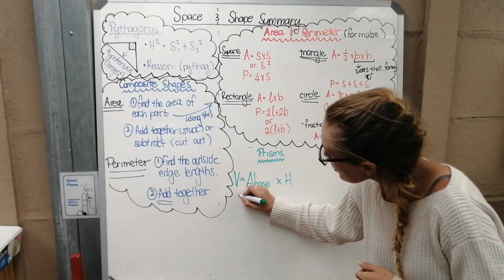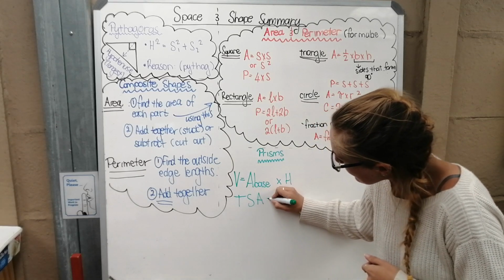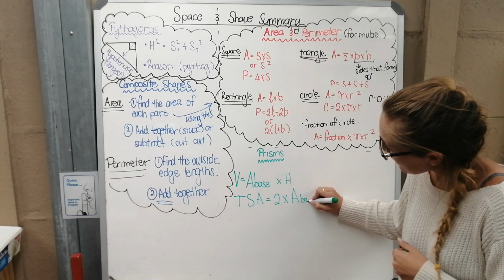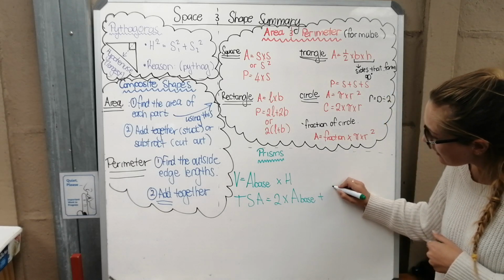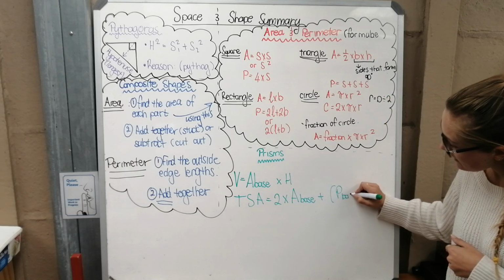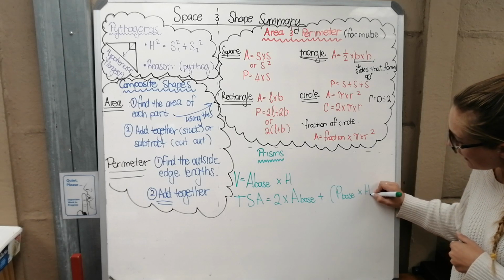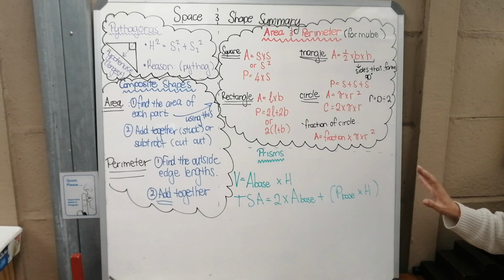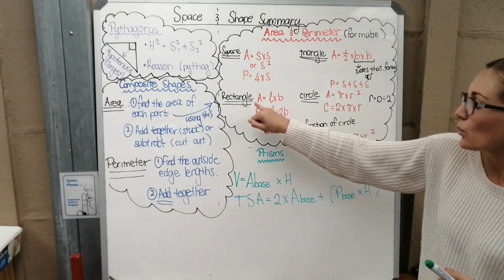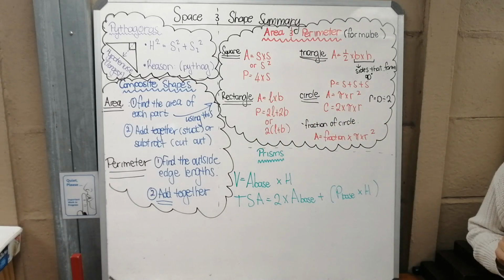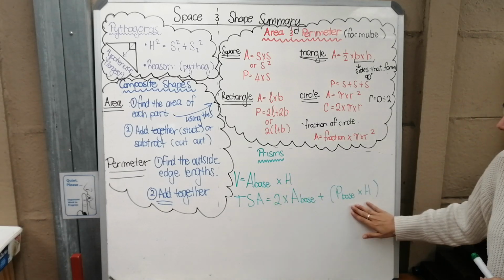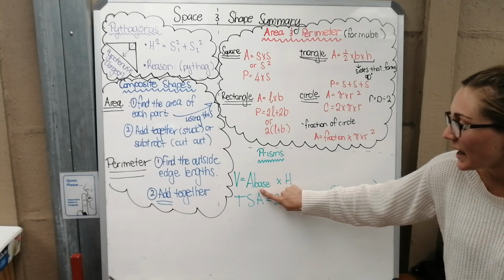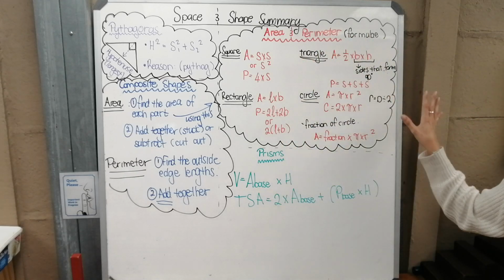And the total surface area of a prism is calculated by saying 2 times the area of the base plus the perimeter of the base times height. Now, if your prism is a nice normal prism, by normal I mean it's got a base that's a square, a rectangle, a triangle, or a circle, then from here you would expand, so you would rewrite this formula, but instead of area of base, you would write the formula for whatever your base is.